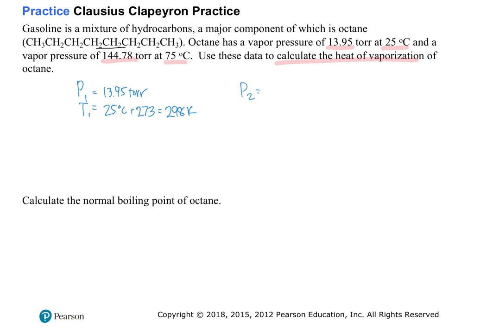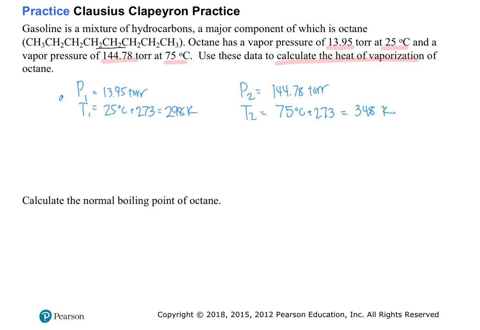P2 is 144.78 torr, and T2 equals 75 degrees Celsius, so add 273, and we should get 348 Kelvin.